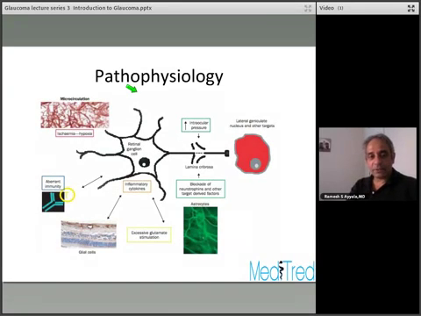What's the pathophysiology? I covered this extensively in my glaucoma lecture series number 2. Essentially, here is the ganglion cell, here is the axon, and here is the brain, the lateral geniculate body, and at the level of the lamina cribrosa there is an obstruction to the axonal flow leading to ganglion cell death, which in turn leads to visual field loss in that particular area.